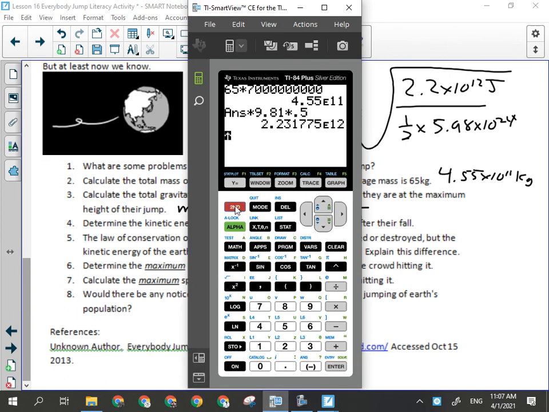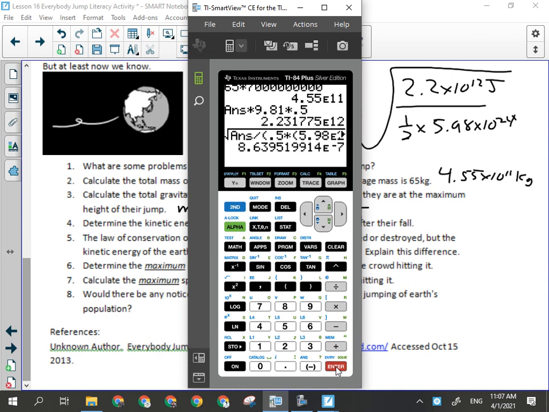So put that in: square root of answer divided by 0.5 times 5.98 E24. The Earth's speed will change by 8.6 times 10 to the minus 7 meters per second. So about 9 micrometers per second.